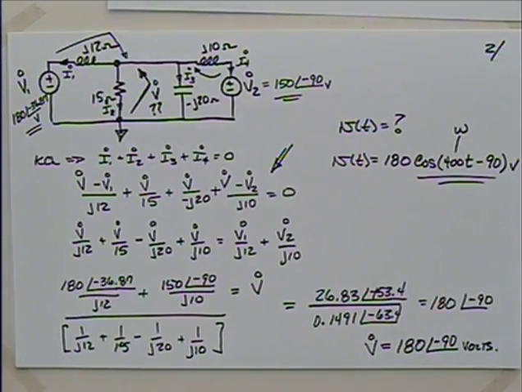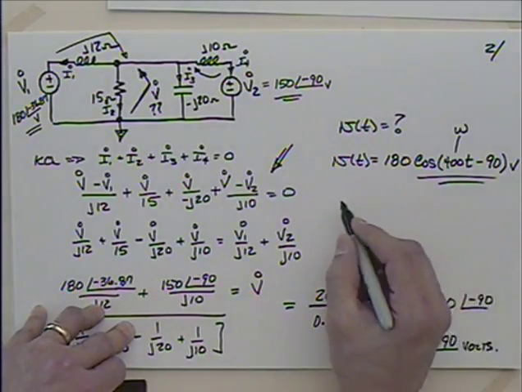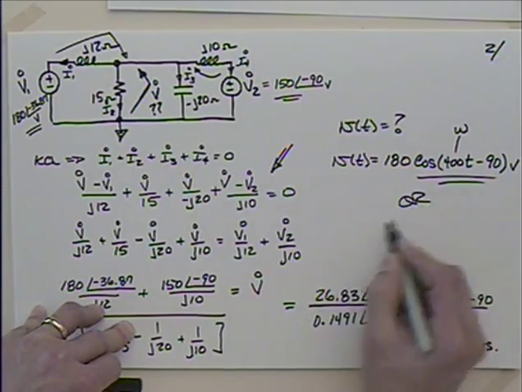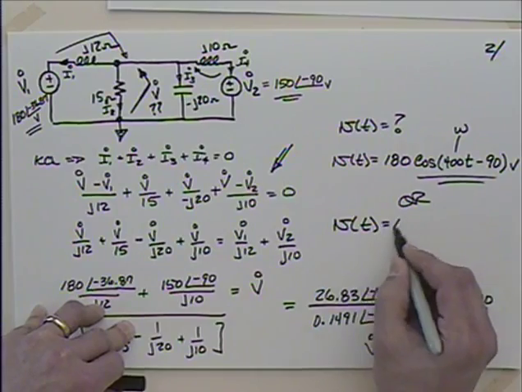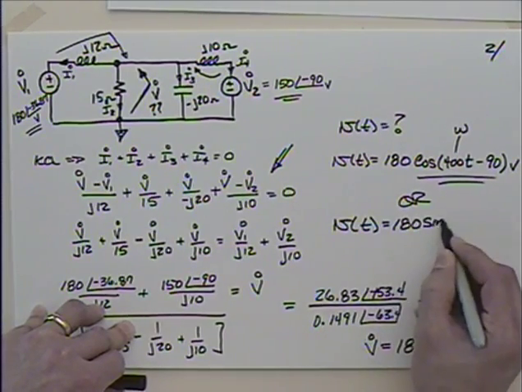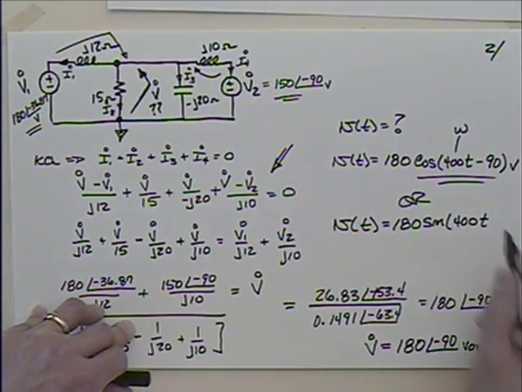answer. Although, remember, they kind of played a trick on us and gave us one of the voltages, voltage 2, in sine. This is really begging me to turn that around on them, isn't it? I could say, or it's equal to 180 times the sine of 400t, and I wouldn't have any phase shift then, would I?